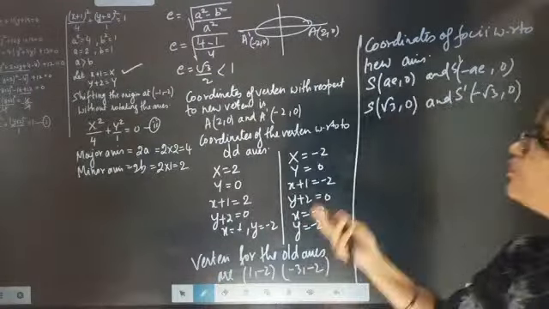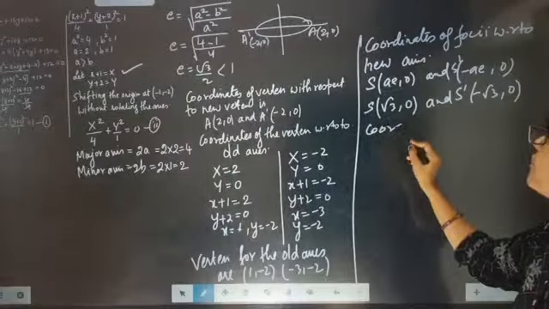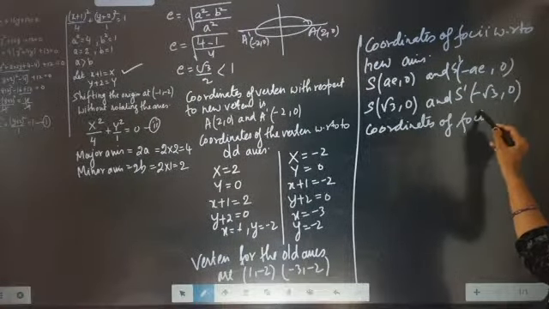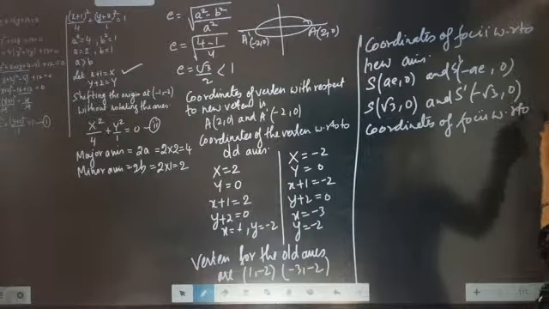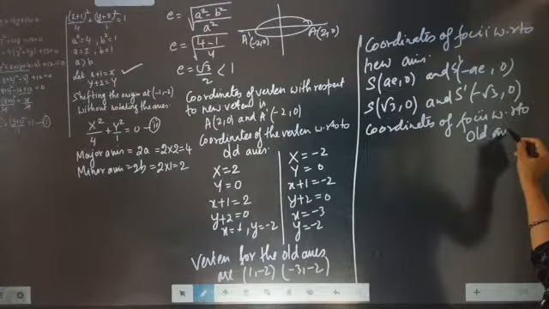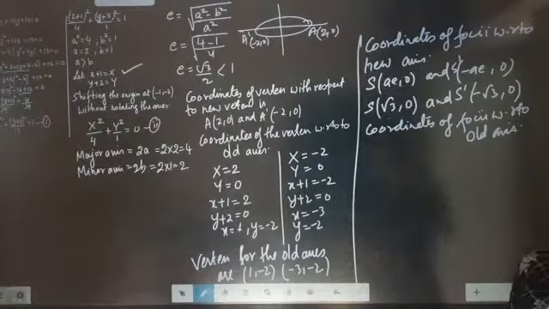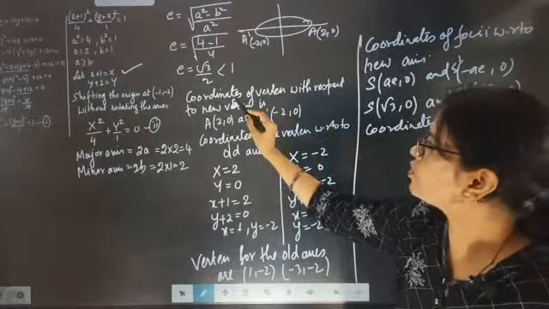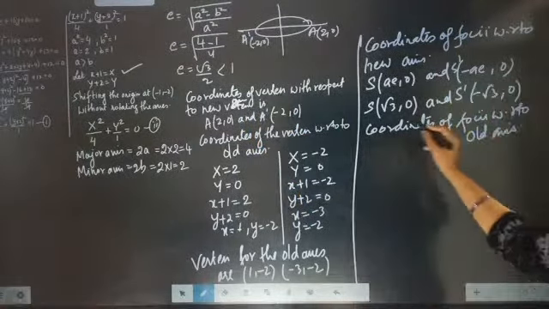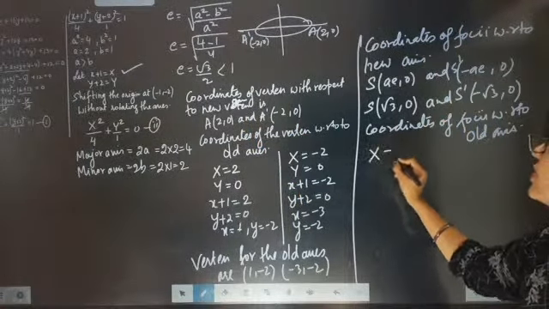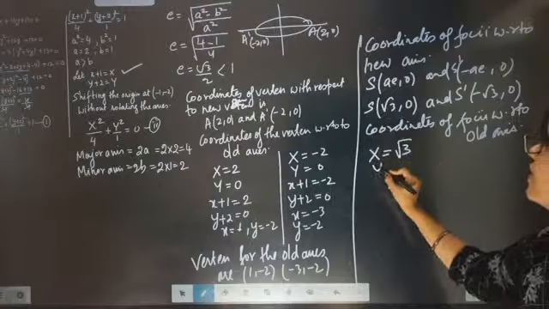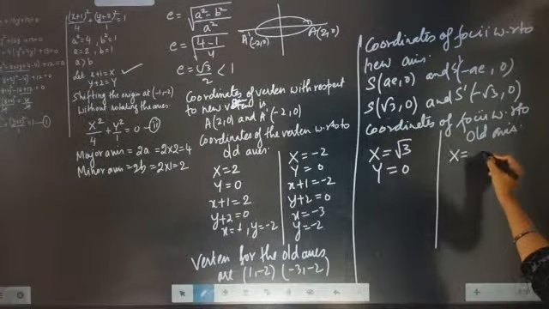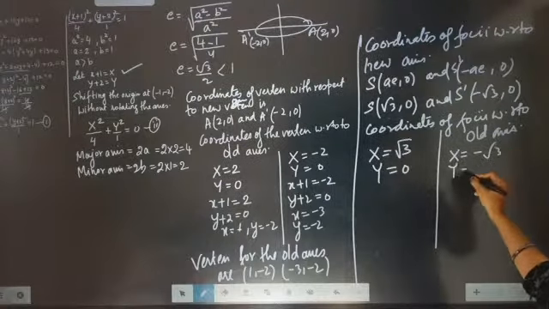So now we have to find coordinates of foci with respect to old axis. Here the new axis capital X equals root 3, Y is 0, and capital X is minus root 3, Y is 0.